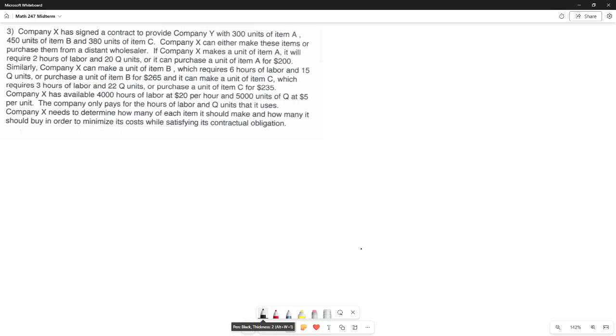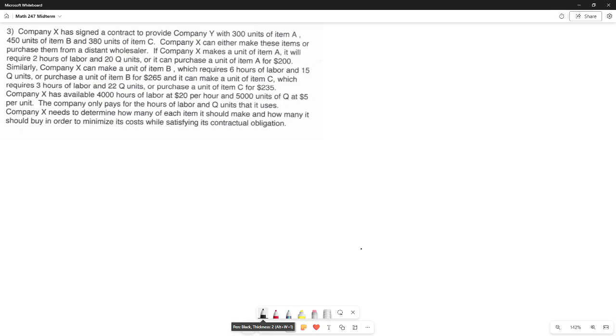Okay? Now, company X can either make these items or purchase them from a distant wholesaler. If company X makes a unit of item A themselves, it will require 2 hours of labor and 20 Q units. We don't know what Q is, that's just something. Or it can purchase a unit of item A for $200.